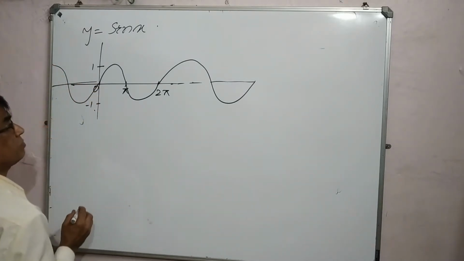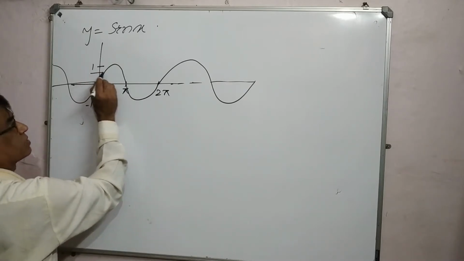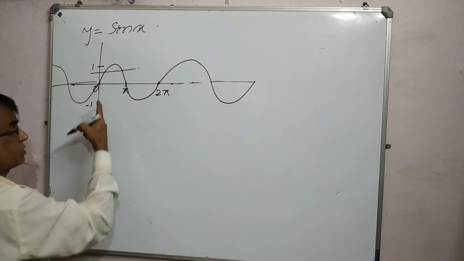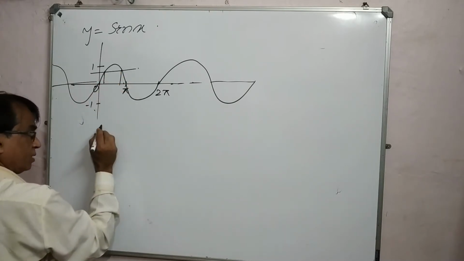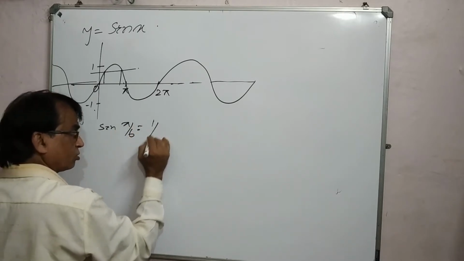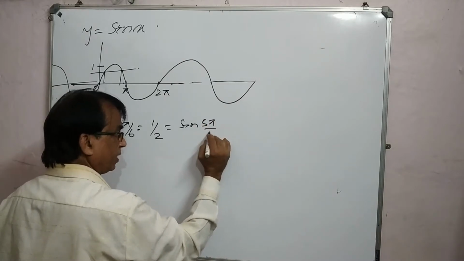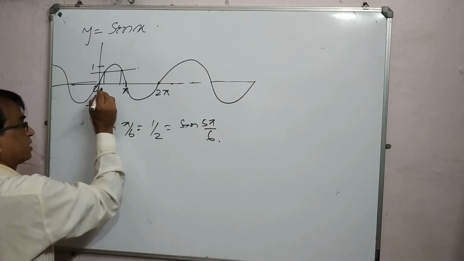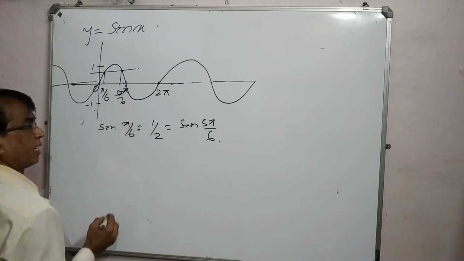And what we observe, if you draw a line parallel to the x-axis, it intersects in this portion, and what we are getting here, sin pi by 6 is equal to 1 by 2, and also sin 5 pi by 6, this is pi by 6 and this is 5 pi by 6, is also 1 by 2.